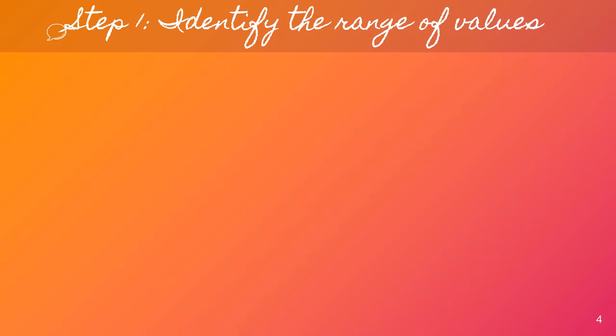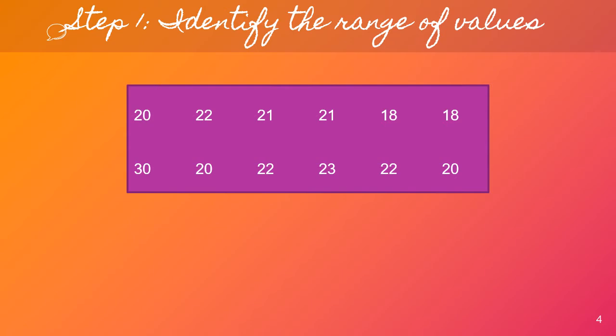In that diagram, we have 3 steps. The first step is to identify the range of values. Since we have 20, 22, 21, 21, 18, 18, 30, 20, 22, 23, 22, and 20, when we say range, it is from the lowest number to the greatest number.